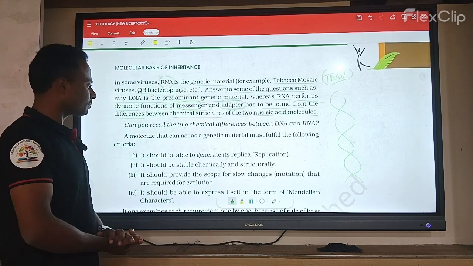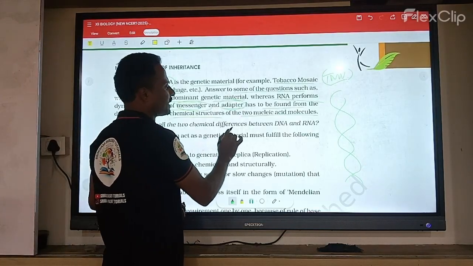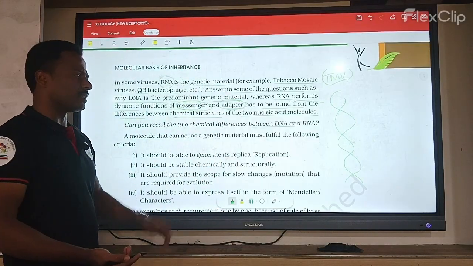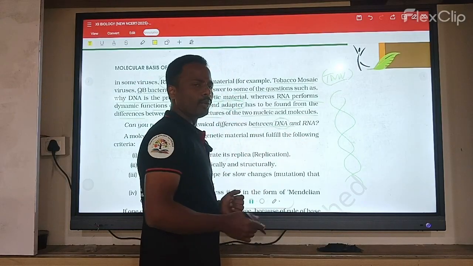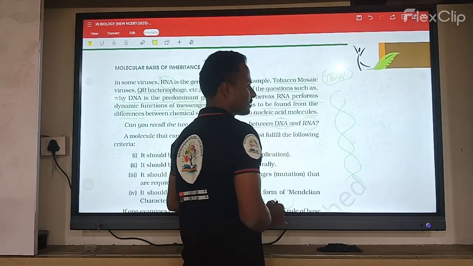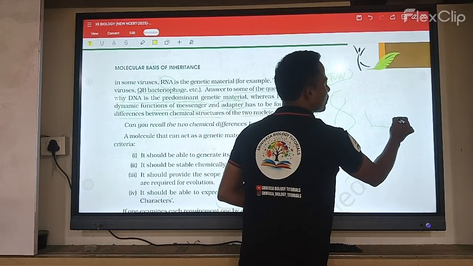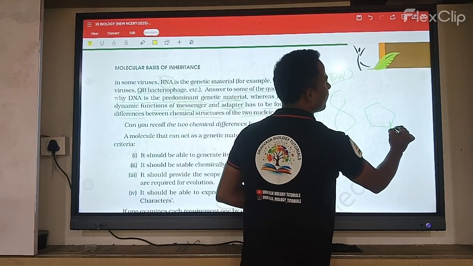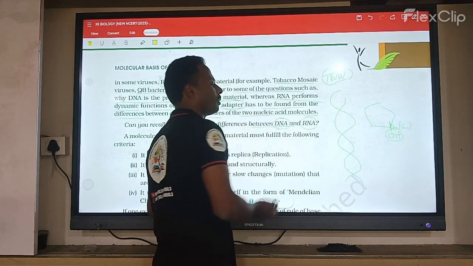Can you recall the chemical differences between DNA and RNA? DNA is deoxyribonucleic acid, and RNA is ribonucleic acid. At the second carbon position, an OH group is present in RNA, whereas it is absent in DNA.